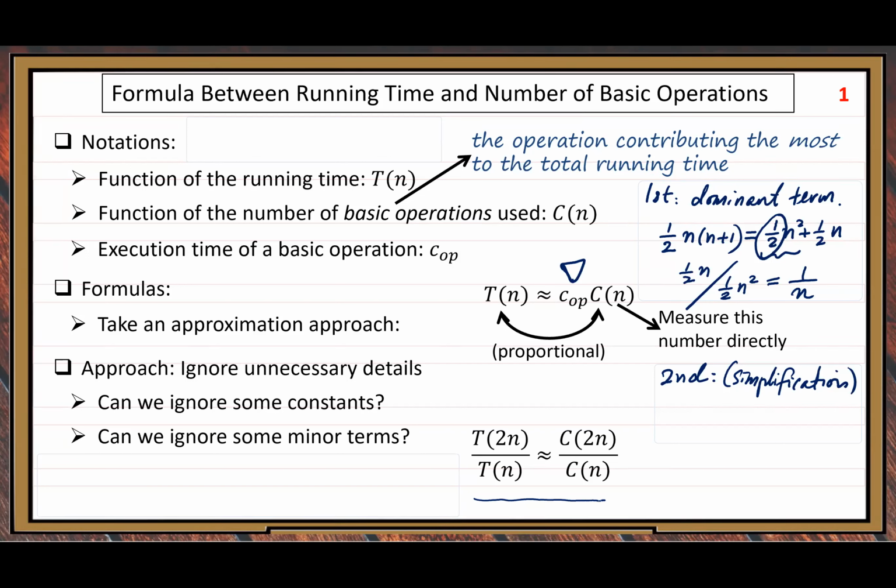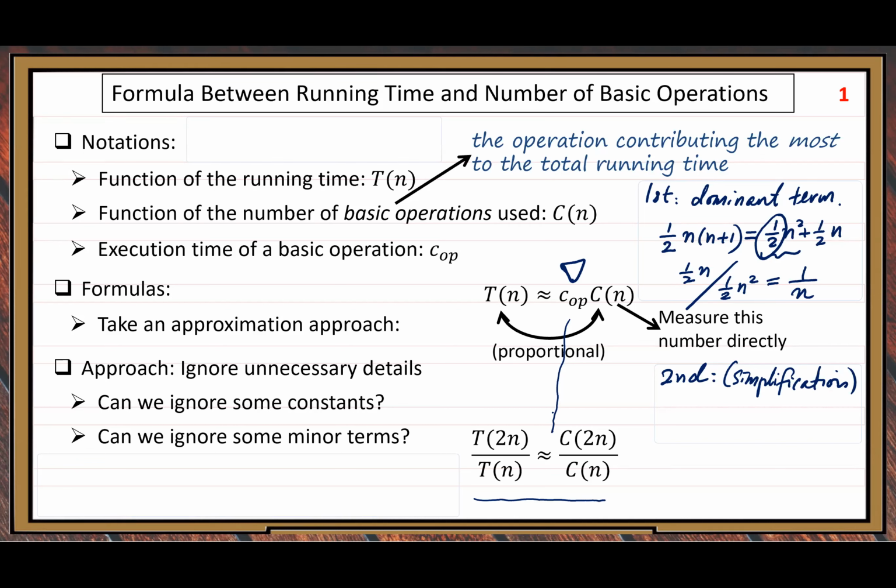You can see the original little c cancels out. Here, there is a cancellation. When we do the ratio, numerator and denominator, we cancel it out.